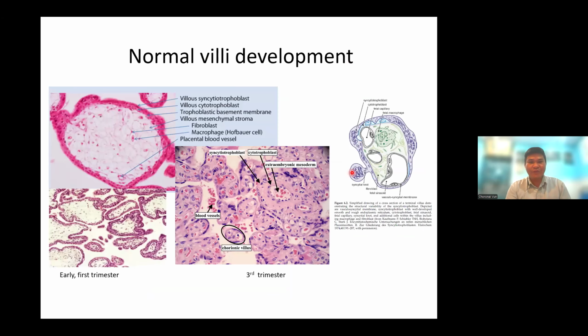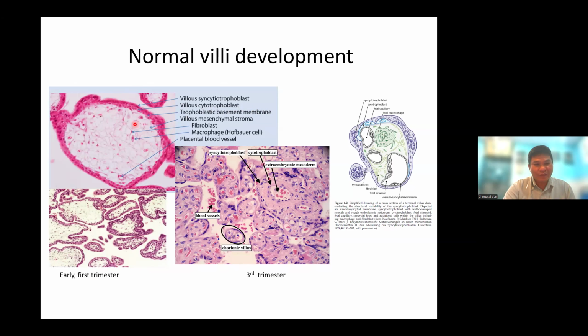I want to review normal villus development. In the first trimester, the villus intravillous stroma is clear, not loose. The villus is lined by two layers. The outside layer is lined by syncytiotrophoblast. The inner layer is lined by cytotrophoblast.